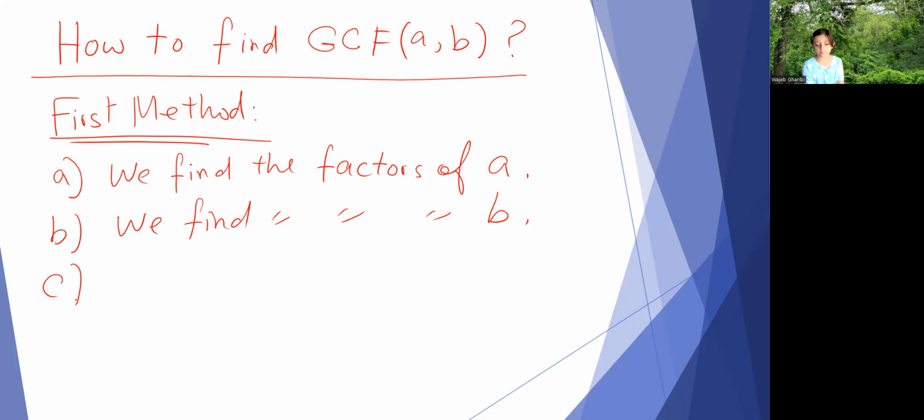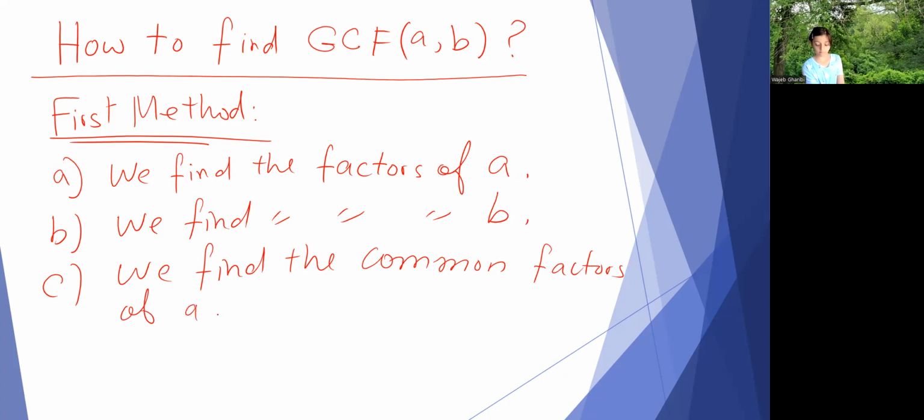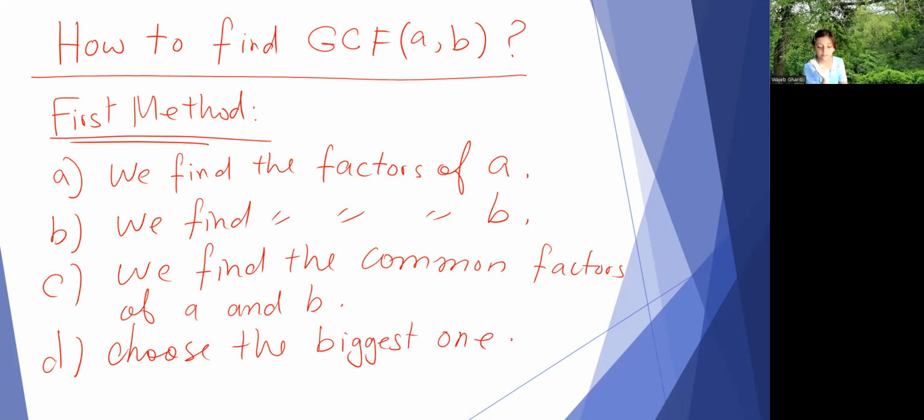The third step, we find the common factors of the given two numbers A and B. The last step, we choose the biggest one, which is the greatest common factor of the two numbers A and B. Let us have an example, and then we will go to the second easy method.